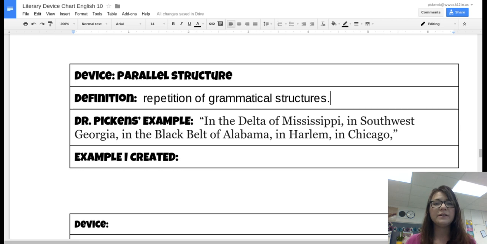They're different prepositions, of, by, to, but he's still repeating the grammatical structure. And then he also has the repetition of the people there as well. But you could say, of the book, in the school, and by the road, and that would be parallel structure as well, because you're repeating this preposition and then a noun.